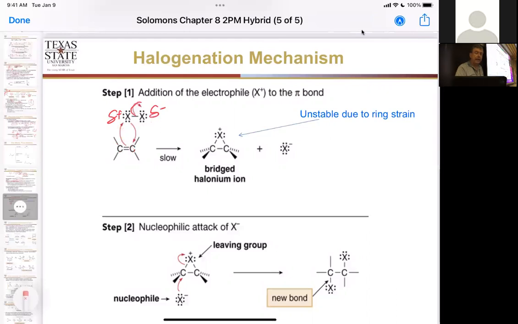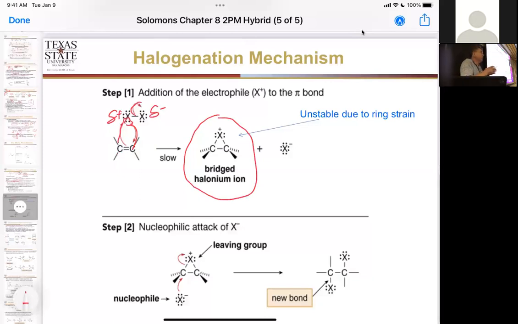And when we look at that, the electrons coming from the double bond make a bond with the bromine here. And two of the electrons from here make a bond with the other carbon. When it does that, it creates this halonium ion, a bromonium cation, or a chloronium cation.